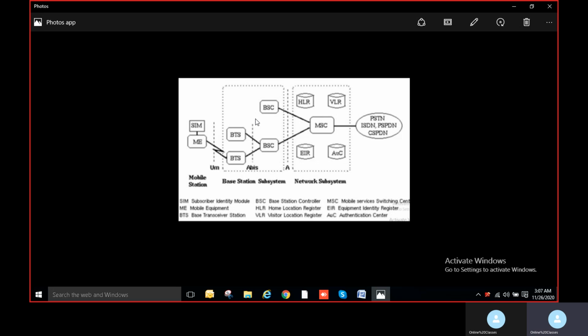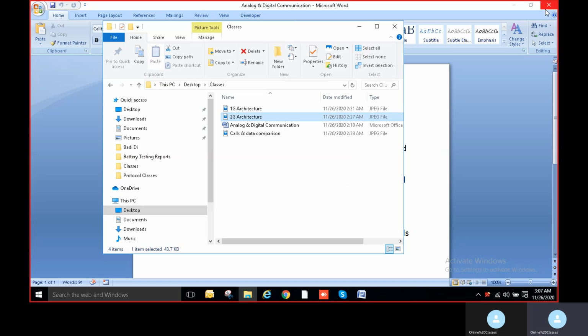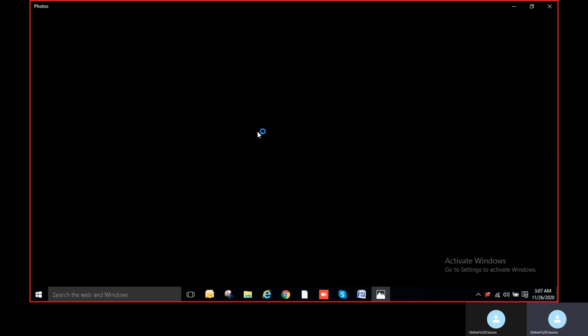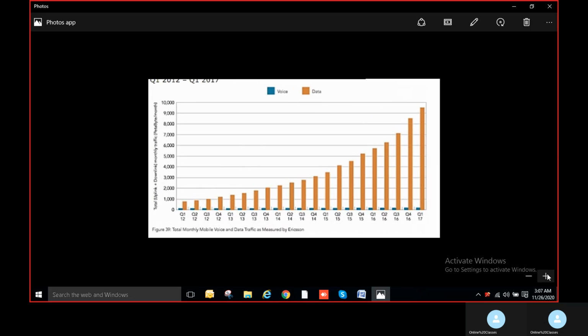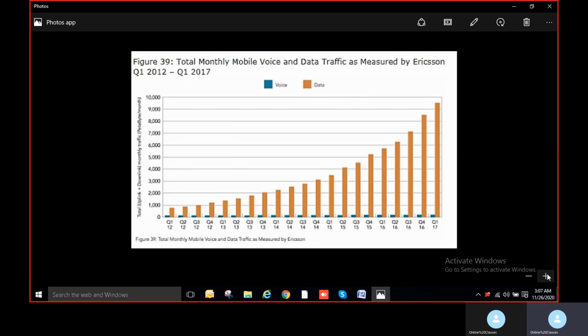Why is LTE required? We will understand this point with this particular diagram. Guys, you can understand this point. This is the total monthly mobile voice and data traffic as measured by Ericsson. Here you can see this is in petabytes per month.